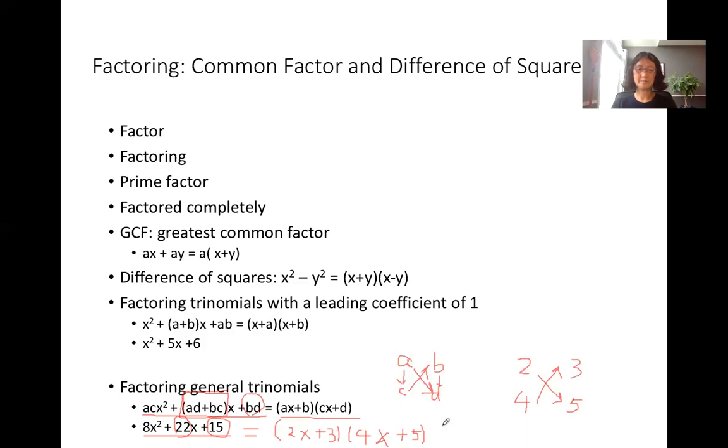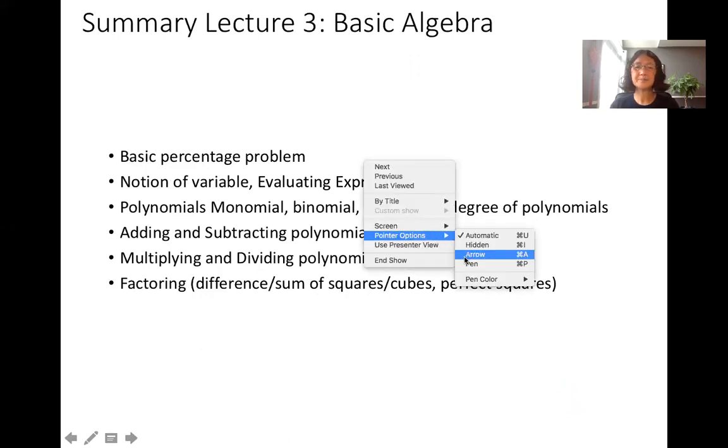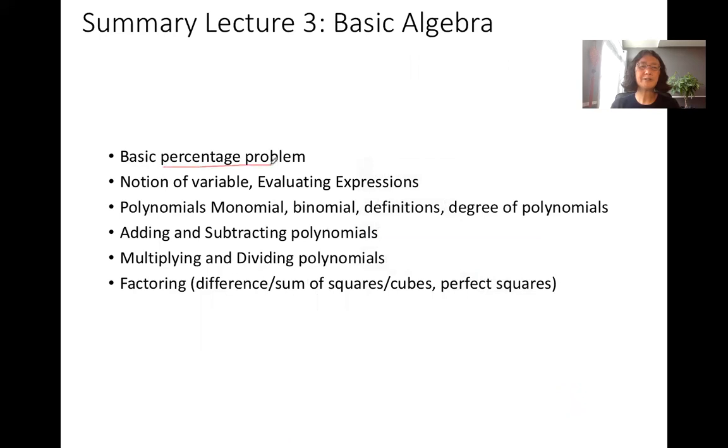So in summary, in this lecture we did a basic percentage problem. Remember, it is simple: percentage equals base multiplied by rate. And we have a notion of variables. Evaluating expressions, we actually did in lecture 2.